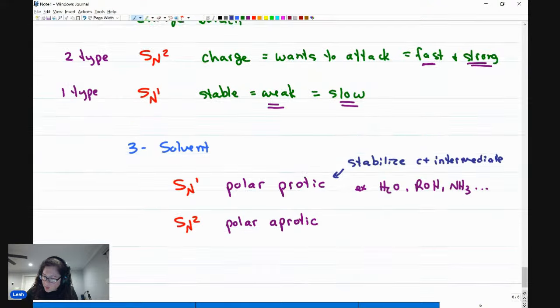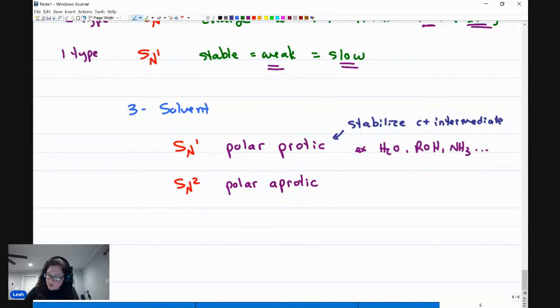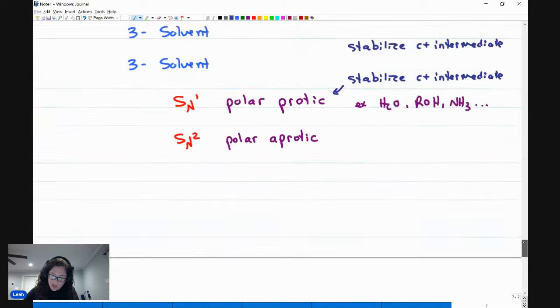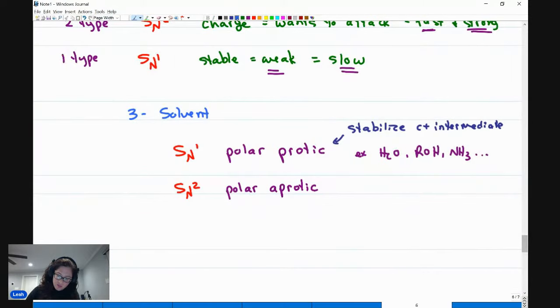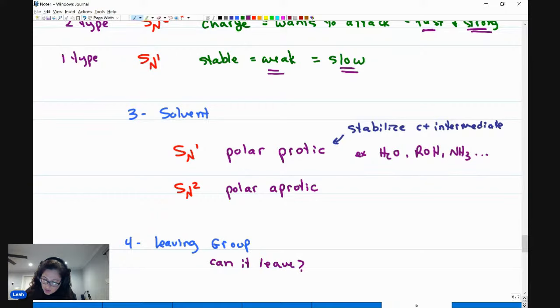And the last thing we look at, which is not really a difference, it's more about confirming that, yes, the reaction can take place, is the leaving group. What you have to look at with the leaving group is, I do not ever, ever want to see you kicking out a carbon. Can it leave? Is the leaving group stable enough?